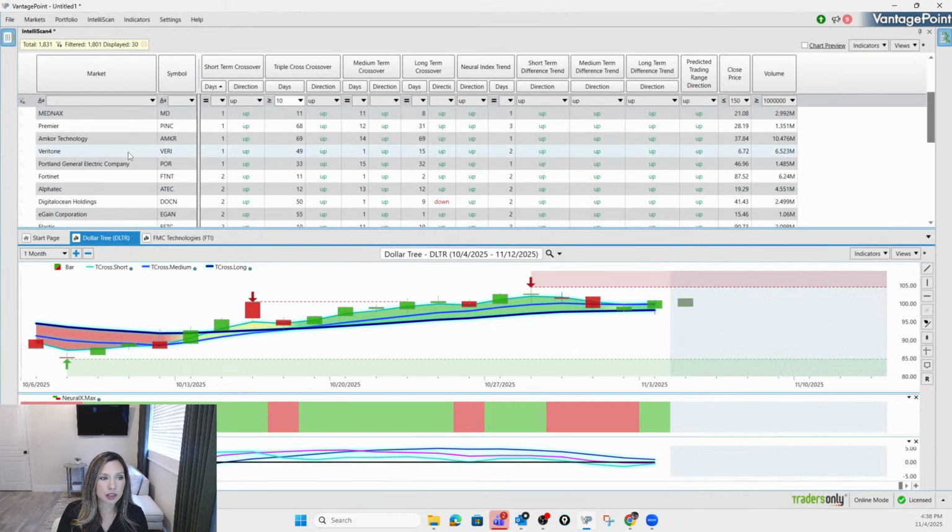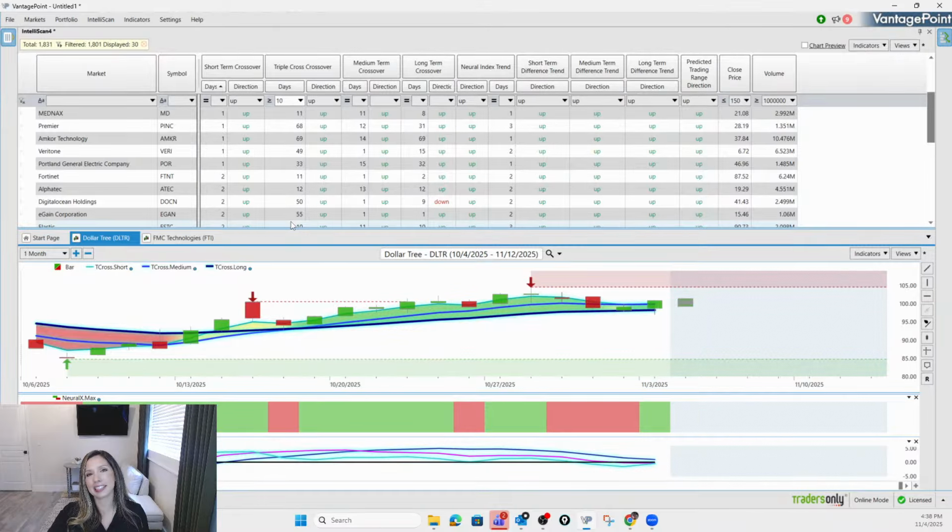You can see we have plenty of different types of opportunities here within our setup. So you can see something like Egan right here. Again, short-term crossover happened 2 days ago, which means we have a timing signal that our bullish strength is starting to renew. All right. The triple cross has already been up for 55 days.